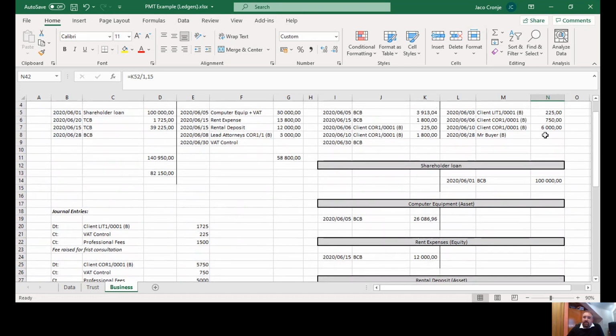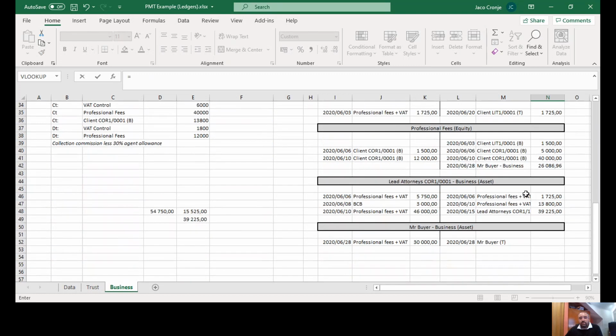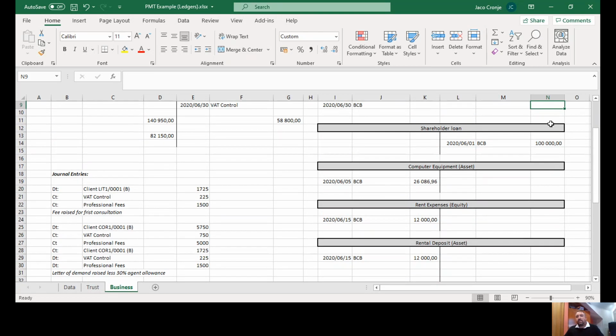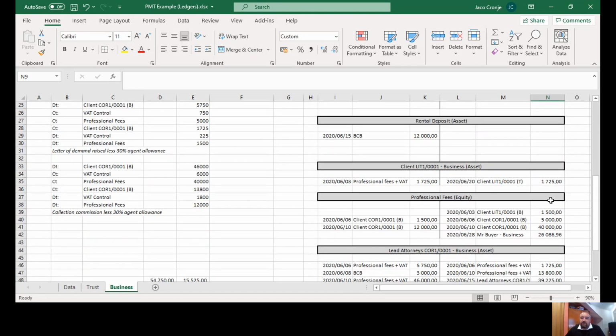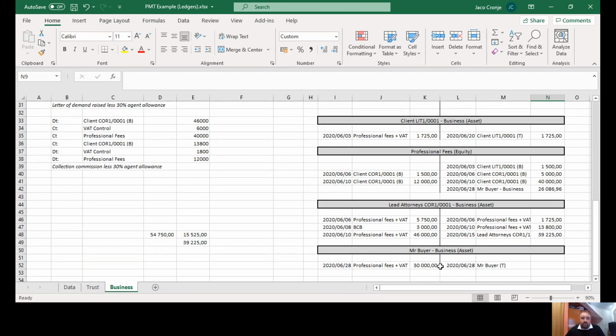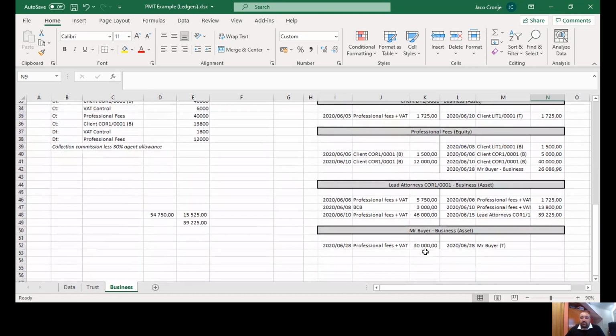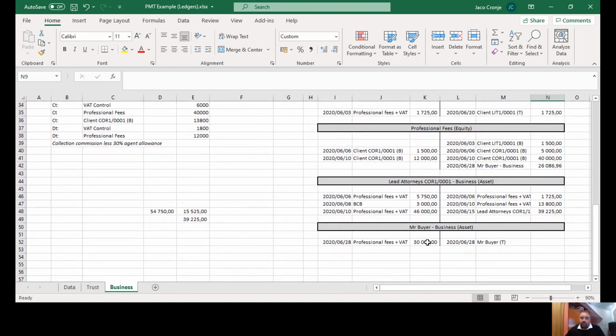So that means we have to create a VAT liability over there, where we say it's my inclusive amount less my exclusive amount. So SARS will be paid 3,913 rand for this transaction. Okay, remember this is not yet the trust to business transfer. This is merely raising the fee.